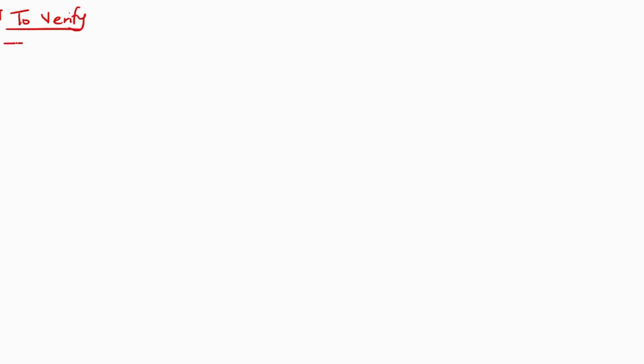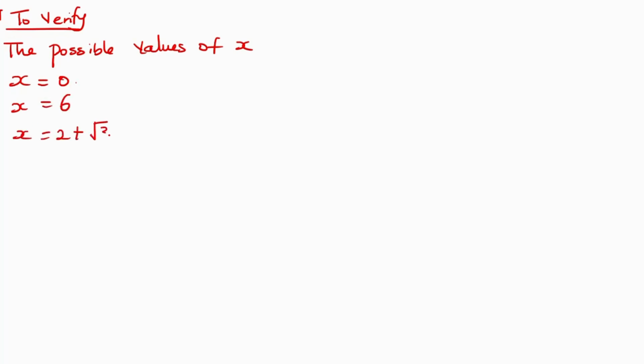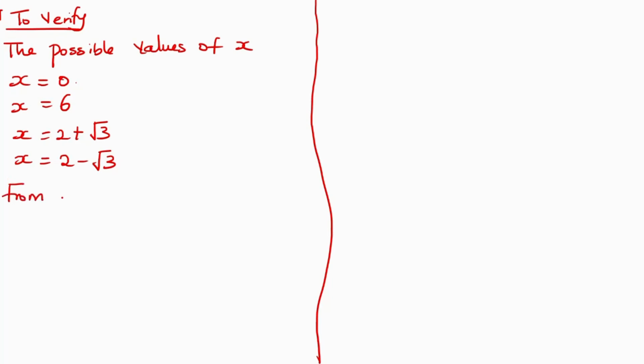To verify, the possible values of x are x is equal to 0, x is equal to 6, x is equal to 2 plus the root of 3, and x is equal to 2 minus the square root of 3. We want to simply verify. Starting from x equals 0, our question is x is equal to the square root of 5x plus the root of 6x.